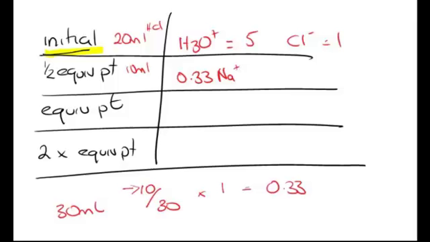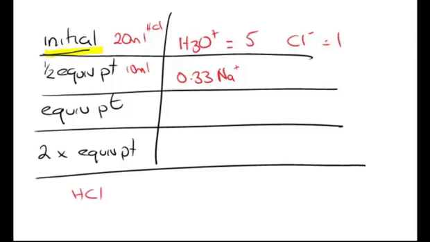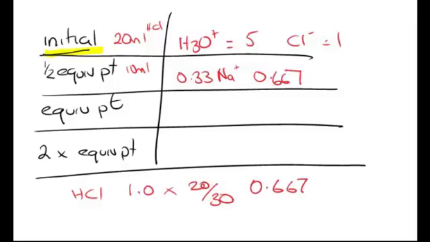Now the hydrochloric acid started at 1 mole per litre. There was 20 mils of it. The total volume is now 30, and that means we would have a concentration of 0.667 moles per litre, because it's not going to do any reacting.